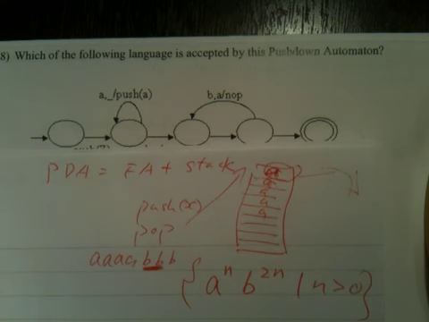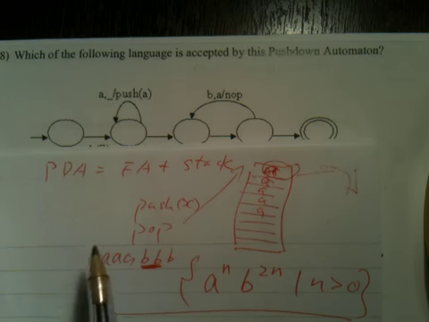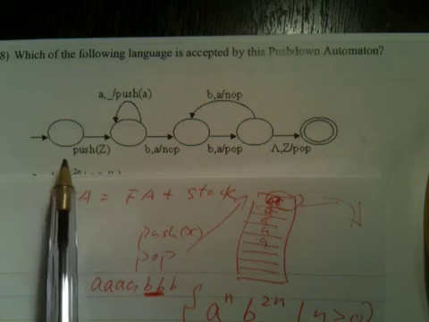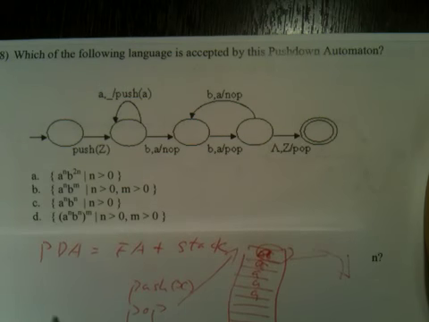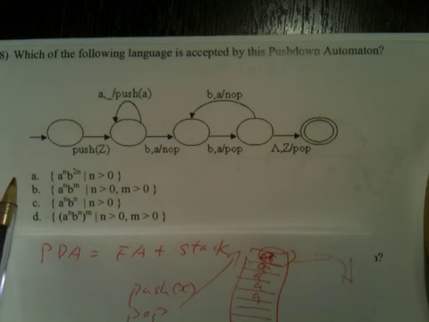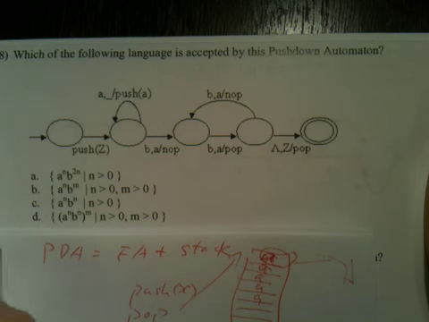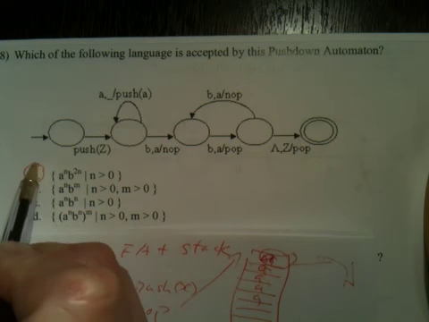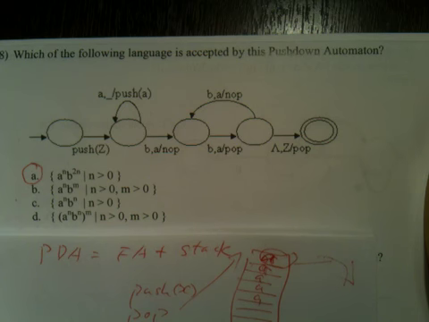So this is the answer. That is the language this push-down automaton is defined for. Have a look at all the possible choices here. Which one goes with that? That is the one. The remaining three are all nonsense, they don't make sense.